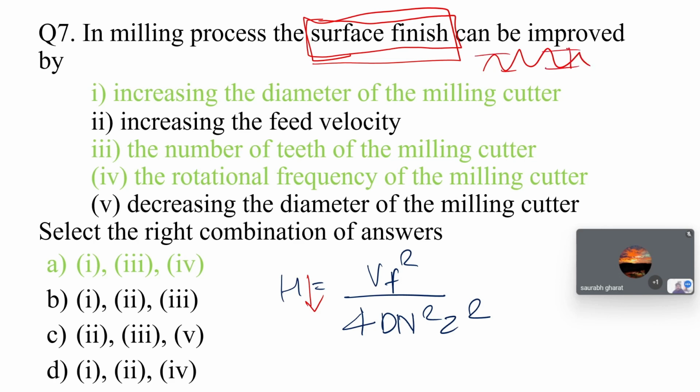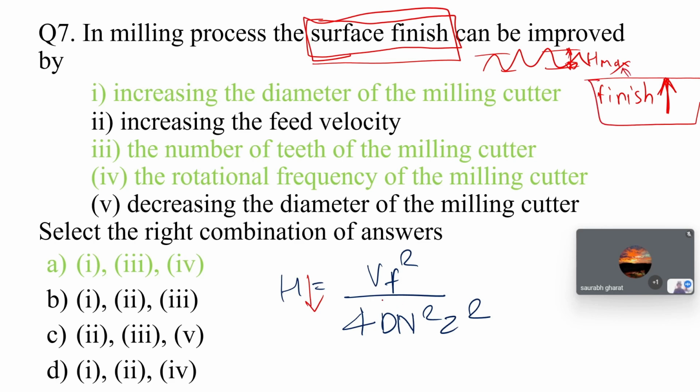I told you in that assignment also, this is your H max, and you have to reduce it. Hence your finish will be good when your H max is less.